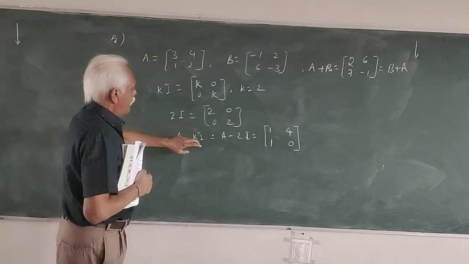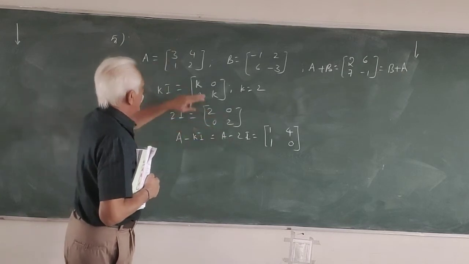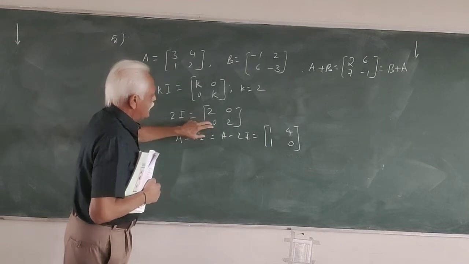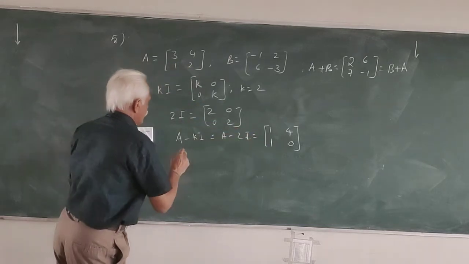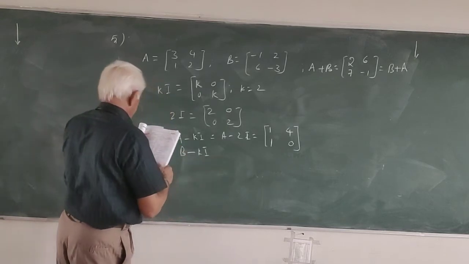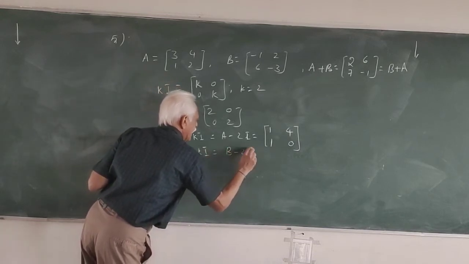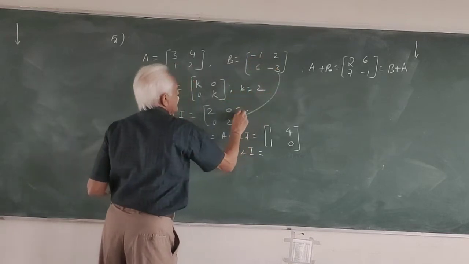See this. A minus 2I, where 2I is this matrix. 3 minus 2 is 1, 4 minus 0 is 4, 1 minus 0 is 1, 2 minus 2 becomes 0. Then, what is B minus KI? B minus KI is nothing but B minus 2I. From B, subtract this.